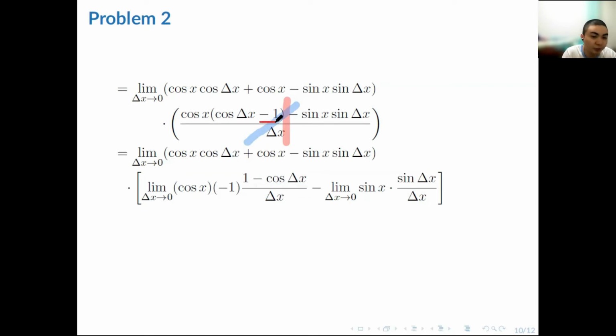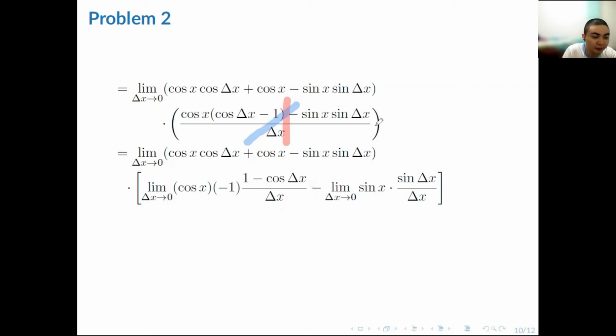Then we negate also negative 1, so we have here 1. At dahil ni-negate natin siya, we have negative 1 here as a factor. Tapos this one, meron na siyang all over delta x. So, hanapin natin yung limit neto as delta x approaches 0.